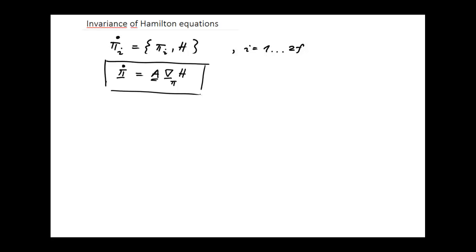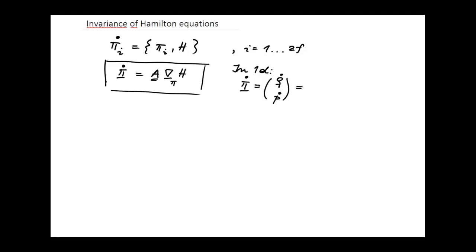We can check that perhaps for one dimension, so you get some intuition for that equation. In one dimension, the phase space vector has two components only, q and p, and the time derivative of the phase space vector has the components q dot and p dot.